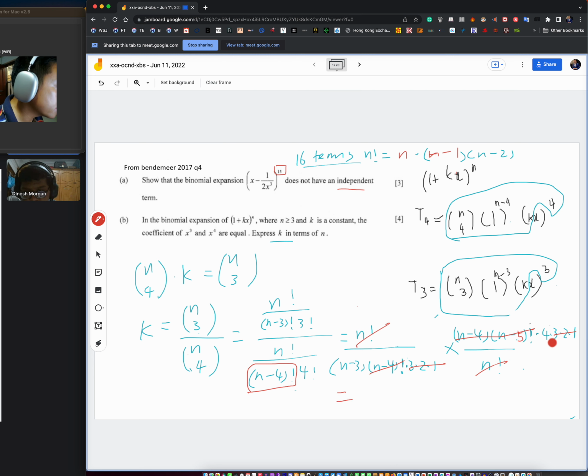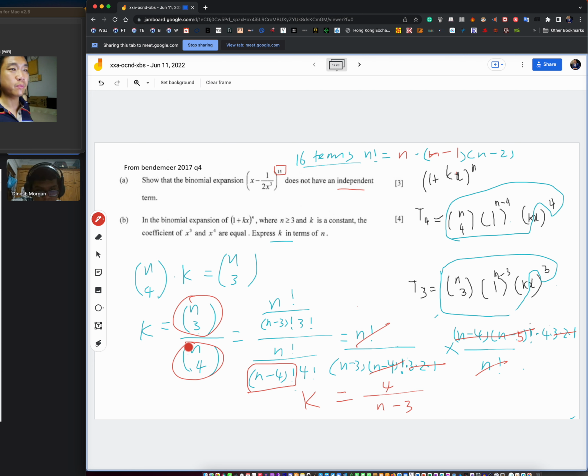So it's pretty simple. So 4 left, below is n minus 3. That's it. Yeah. Okay. So k equal to this. Okay. So in fact for the n choose 3 and n choose 4, right? I don't have the formula sheet with me, so just go back and look at the formula sheet and you just do this one more time.